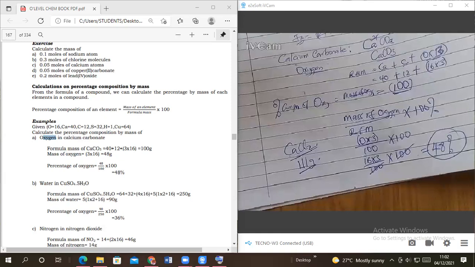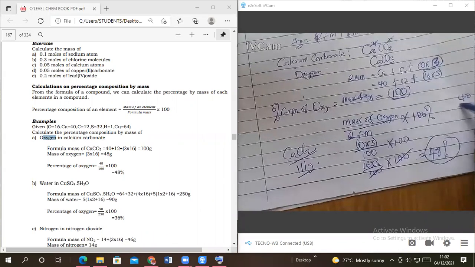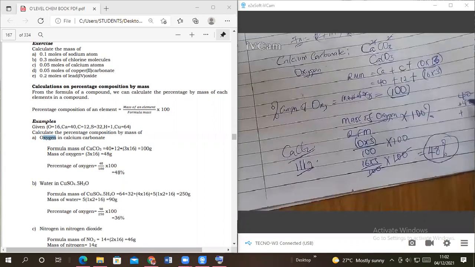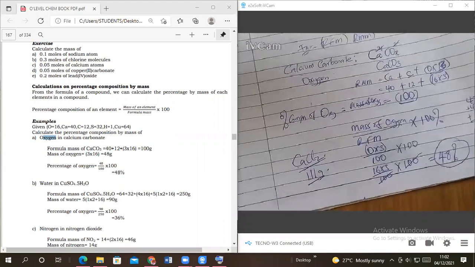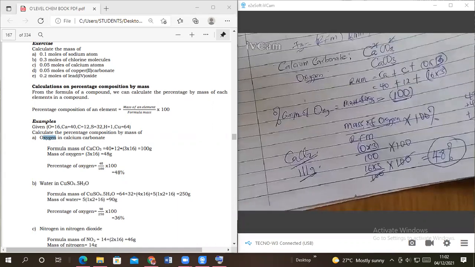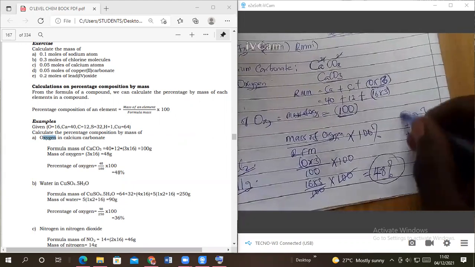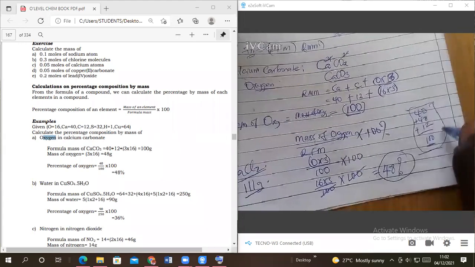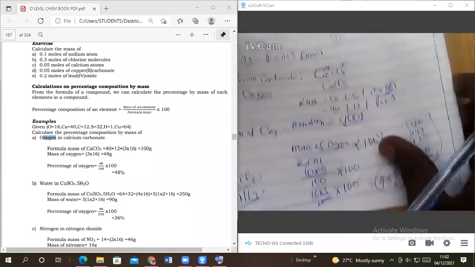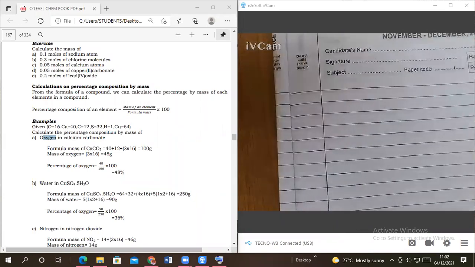It's 40%, very good. What about the percentage of carbon? 12%. If I add 40 plus 48 plus 12, do I get 100? Yes, very good. So I have all my individual components and their percentages in that compound. That is how they behave.